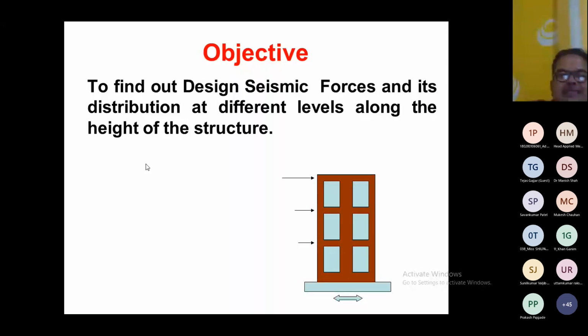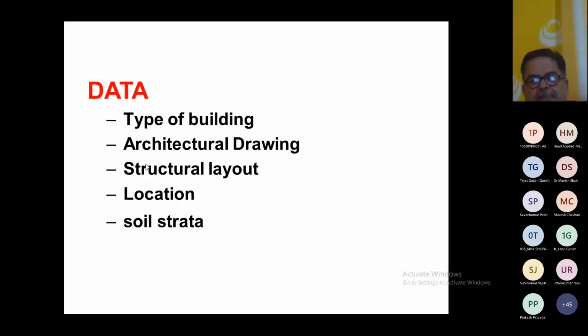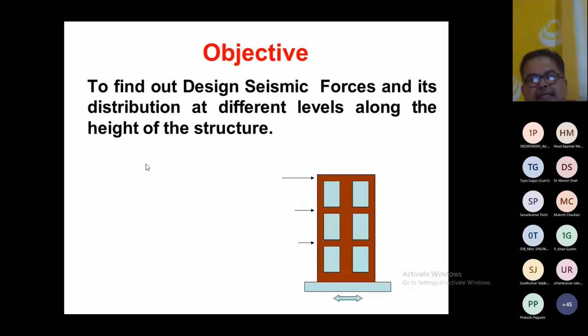So if it is a 20-story building, then it is very difficult to analyze by means of analysis methods. All right. So the code has given some simple methods for the analysis, and we're going to discuss that part.